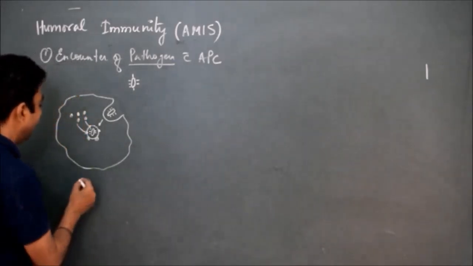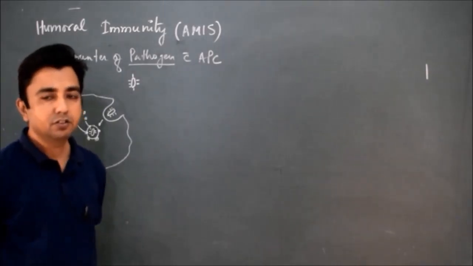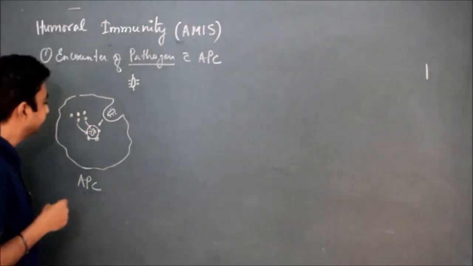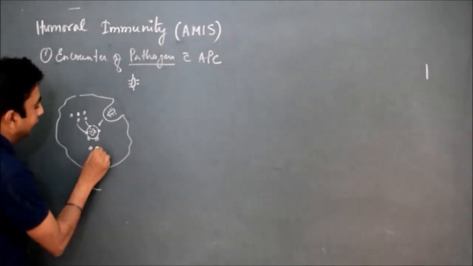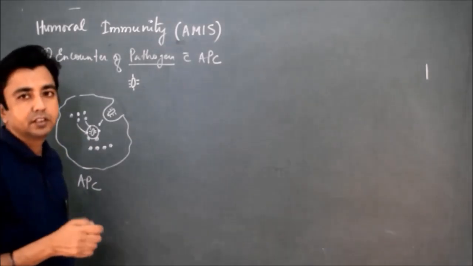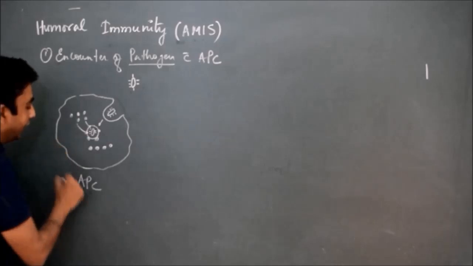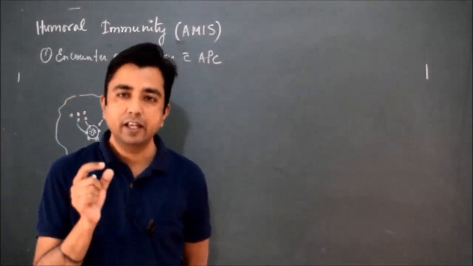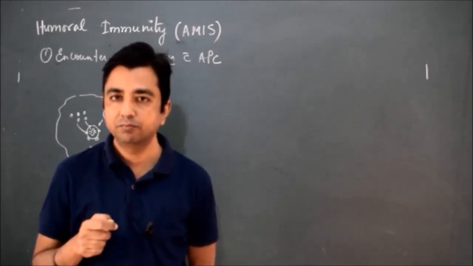But here in case of APC, antigen presenting cell, it does not happen. Exocytosis does not happen. What happens here? Once the content is digested, the antigens float in the cytosol, and in APC there is a special molecule present that is called MHC2 molecule or MHC class 2 molecule.